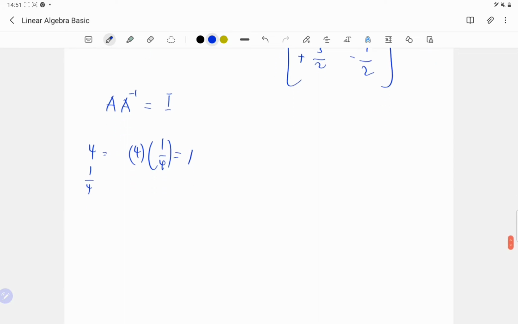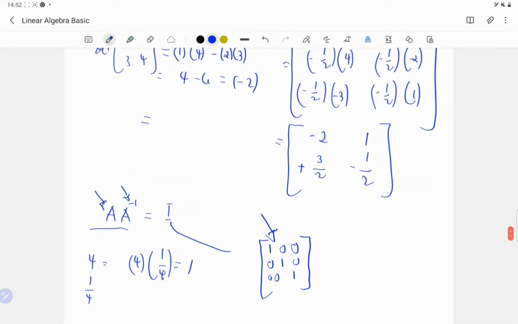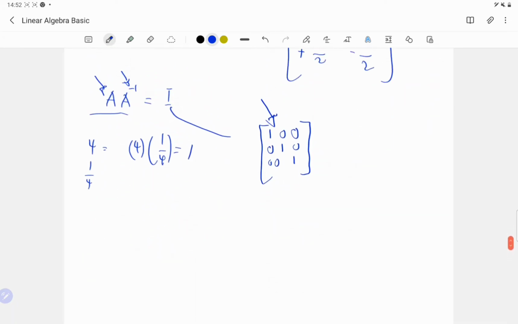Same goes with matrices. However, this identity matrix is diagonal. For example, 1 0 0 1. This is what we call the identity matrix. If you multiply the matrix by its own inverse, it will result in this. Okay, let's prove that.